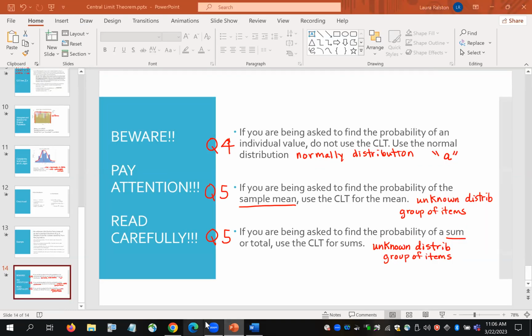And again, I tried to point out the differences in the phrasing so you'll know when to use which one. For quiz 4 and quiz 5, they're separate. But when you get to the midterm, they're going to be all mixed together. So watch for those key words.